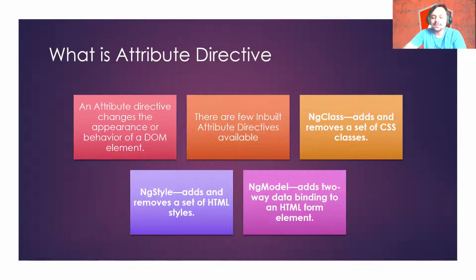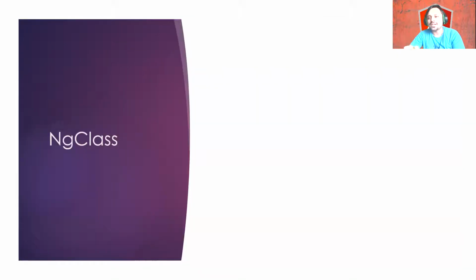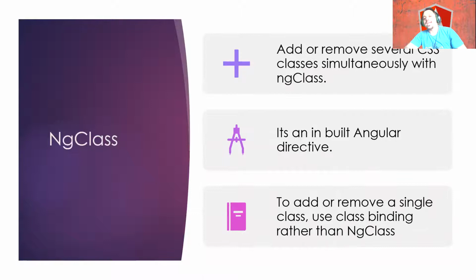Is that clear? Now let's go one by one and explore in more detail what NgClass does. As I already told you, it's for addition or removal of classes within a DOM element. Say that you have an HTML file.